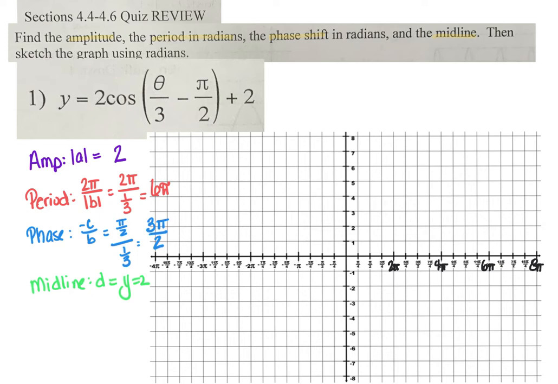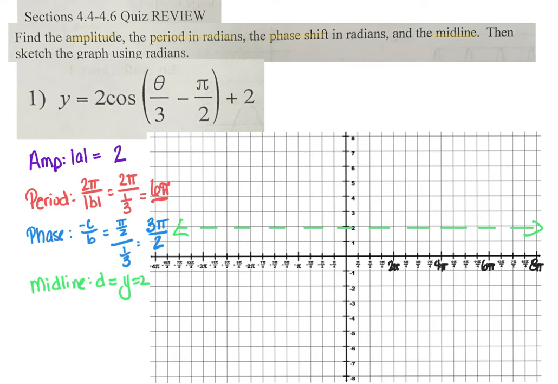So let's look at what we need to do first. The first thing I always graph is my midline. That's really easy. And I am going to do a horizontal line at my midline to start my graph. And then I'm going to look at where this graph should start and where this graph should end.